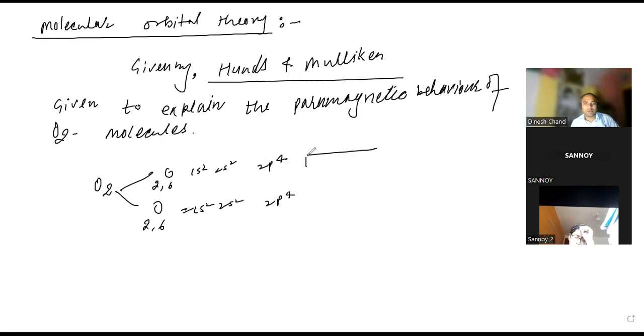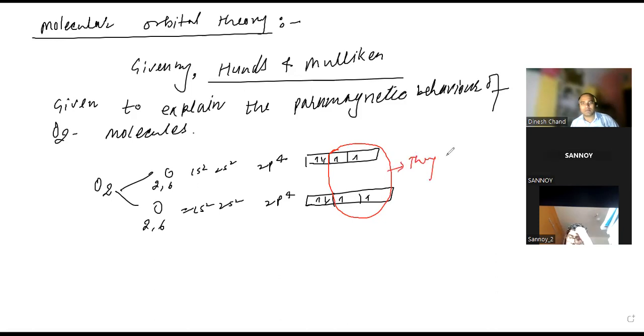Now label them: here 1, 2, 3, and this is the 4, and similarly 1, 2, 3, and 4. Now they are overlapping. If they overlap together, they get paired, because the py and pz are there.